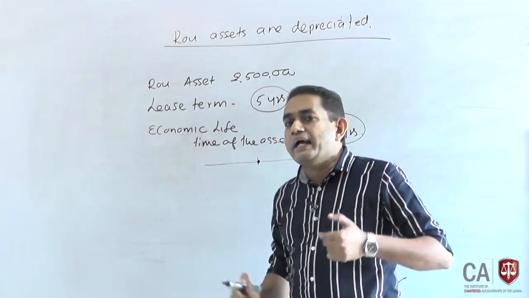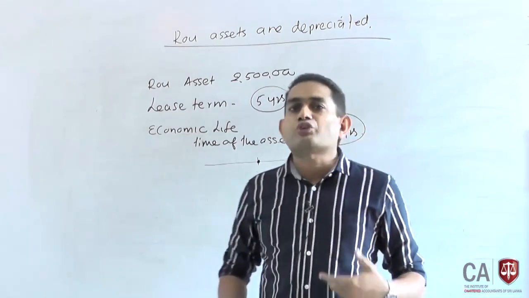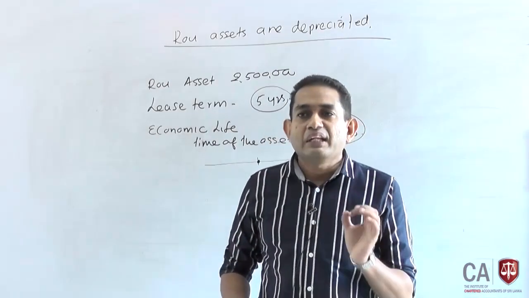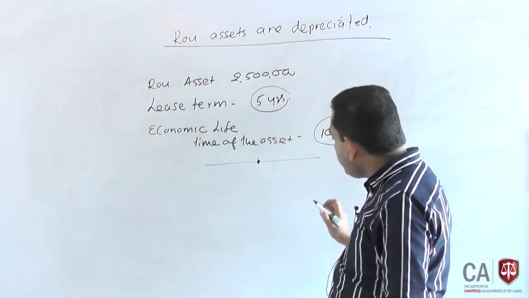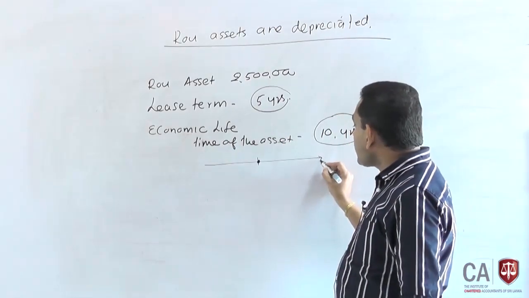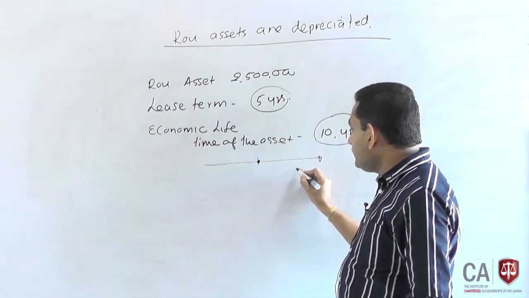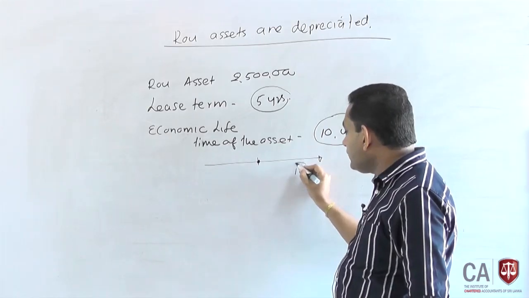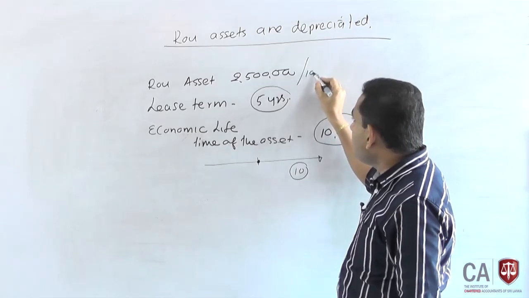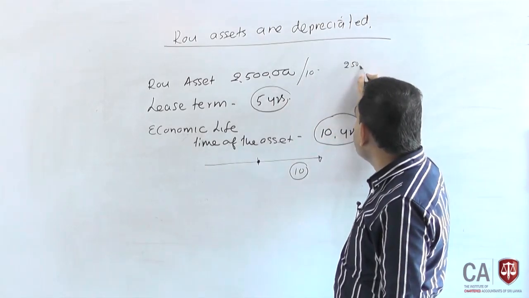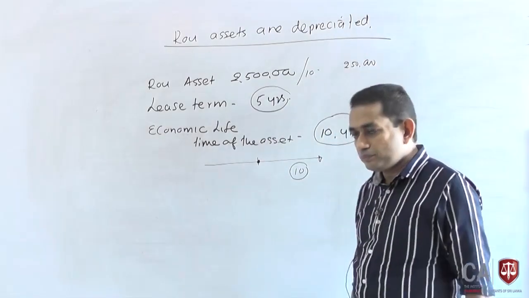So, that indicates the fact that even after the expiry of the lease term, the lessee continues to use the asset. Then SLFRS 16 requires us to depreciate the asset over the economic lifetime, that is 10 years. So, divided by 10, annual depreciation should be 250.